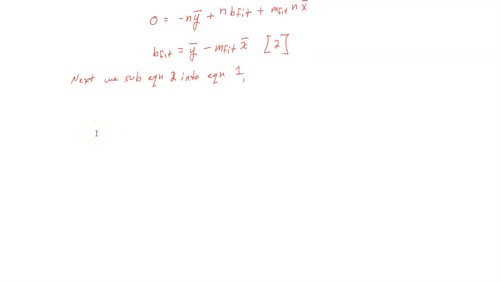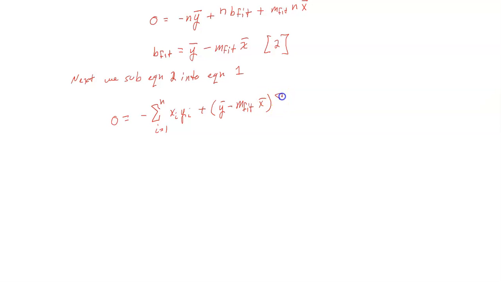And so when we do that, we would get 0 equals negative sum from i equals 1 to n of xi yi, plus, here's where a b fit comes in, that's y bar, minus m fit times x bar.